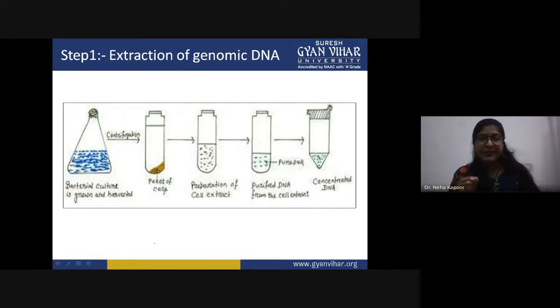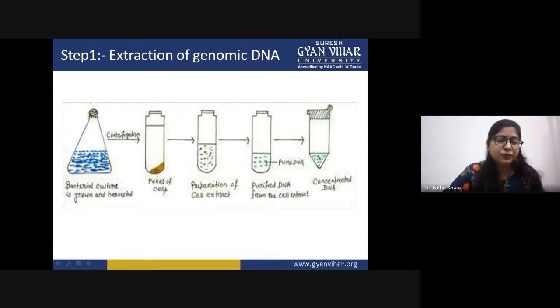So in detail, what are the steps? What are the detailed procedures to carry out each of these steps? First is extraction of genomic DNA. Suppose you are isolating genomic DNA from a bacteria. In that case, first of all, you need to grow the bacterial culture and harvest the cells. You can harvest the cells by centrifugation.